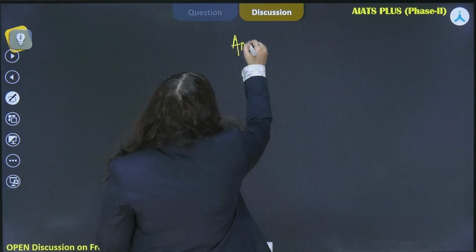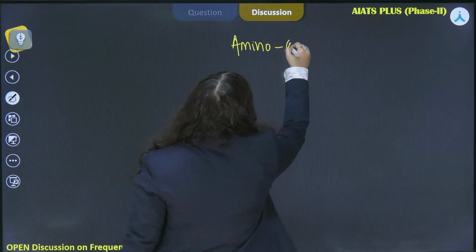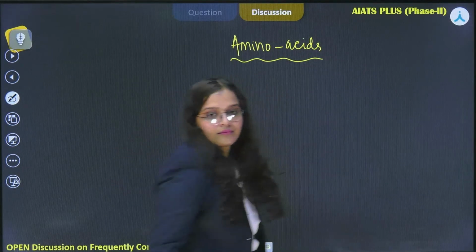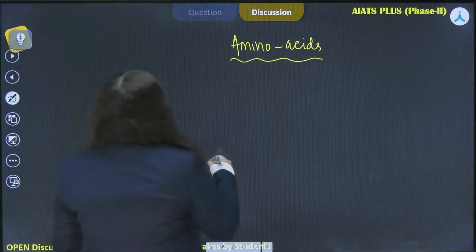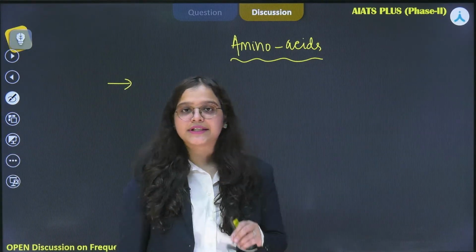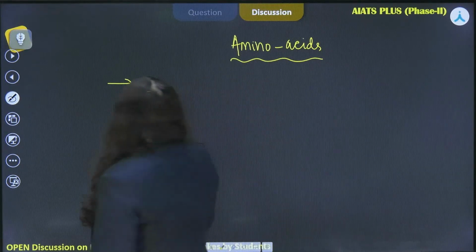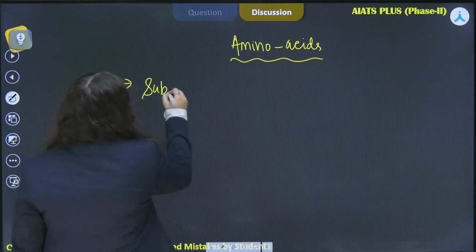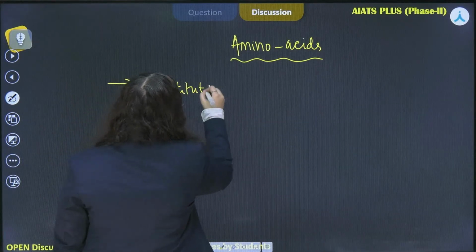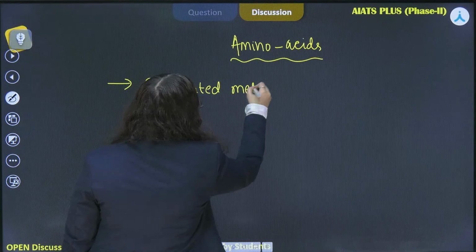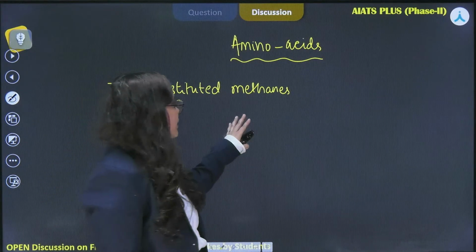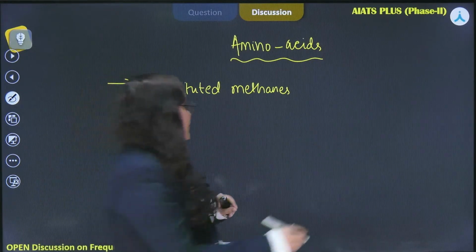So amino acids are basically called the substituted methanes. All right. We call amino acids substituted methanes. And why we call it that way, we'll figure out now.